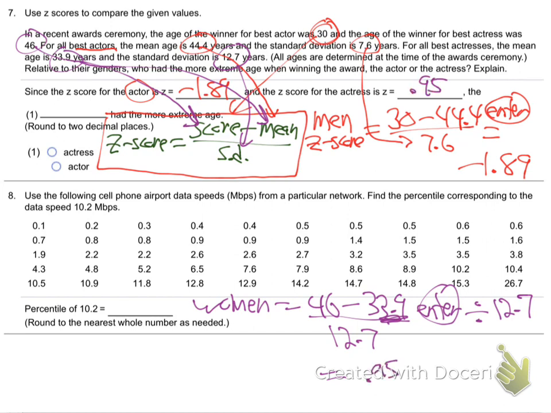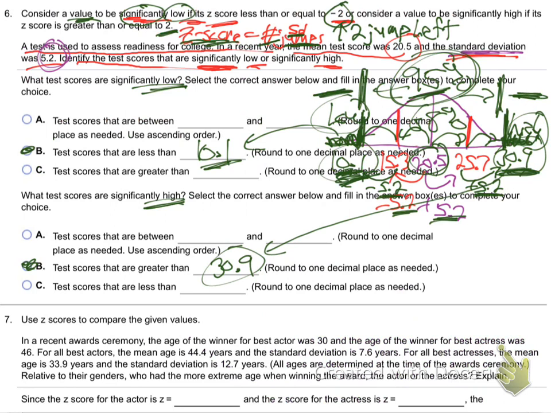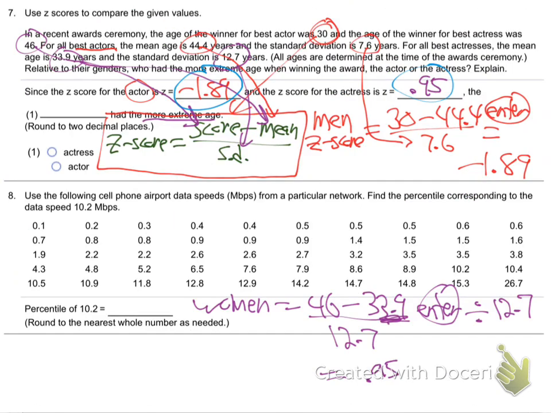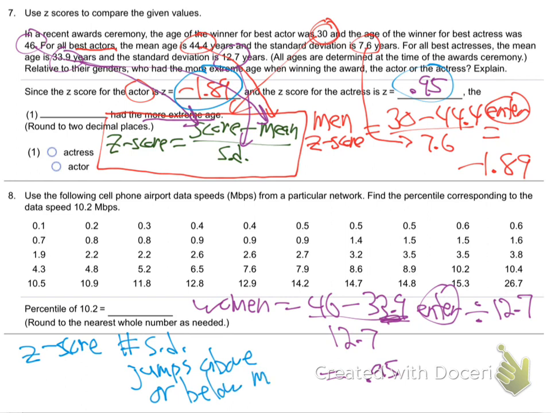So 0.95 on that. So which has a more extreme edge? Which one of these numbers? Remember what z-score is. We just calculated z-score. Let's go back here. Z-score is the number of standard deviation jumps above or below the middle.